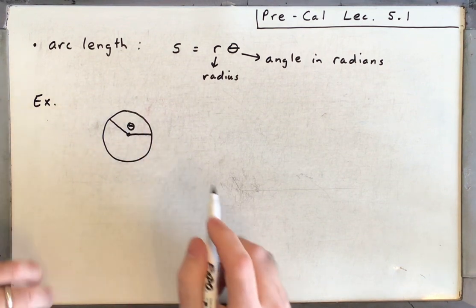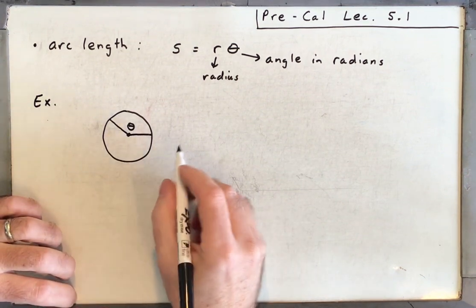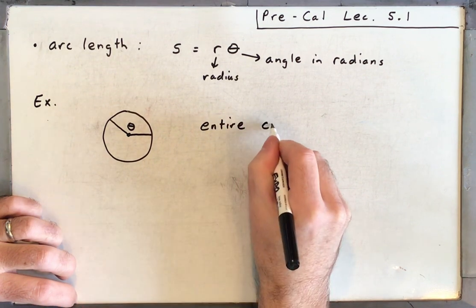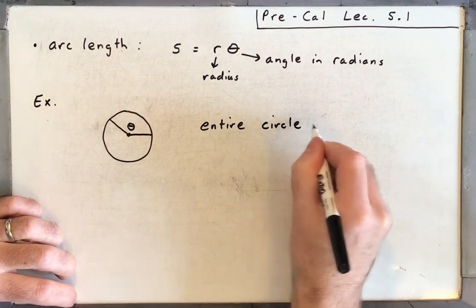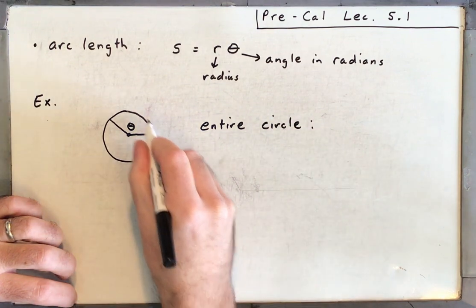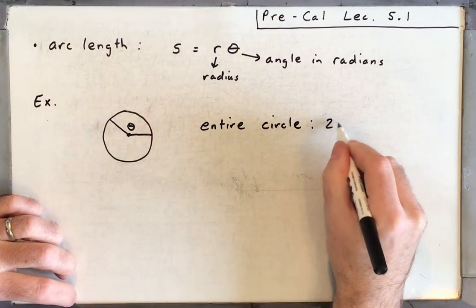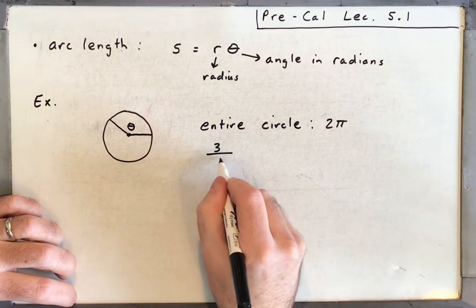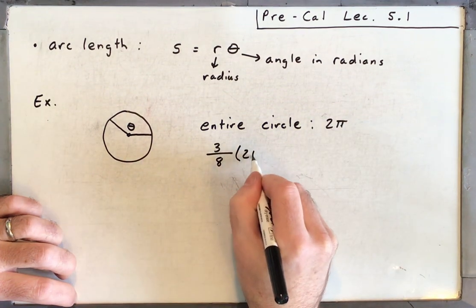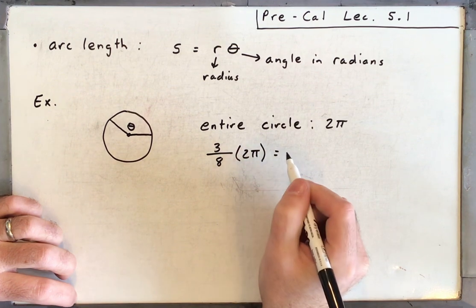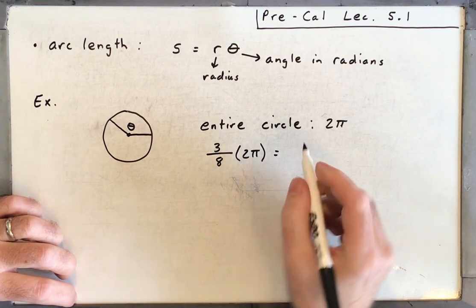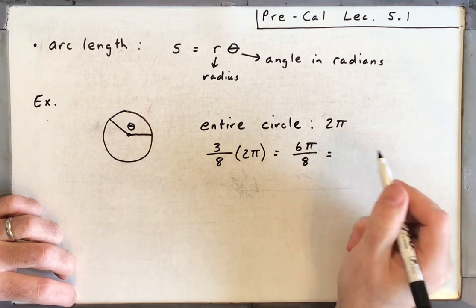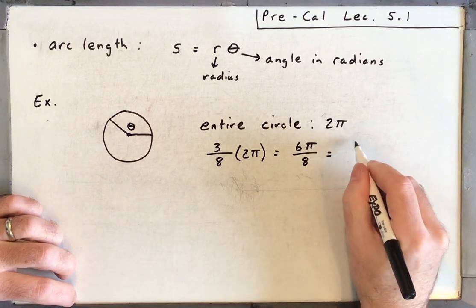All right, so what angle is that? Well, the entire circle, if you start here and go all the way around, is 2 pi. So we're talking about 3/8 of that. 3/8 of 2 pi is going to be 6 pi over 8. And that would reduce to 3 pi over 4 radians.